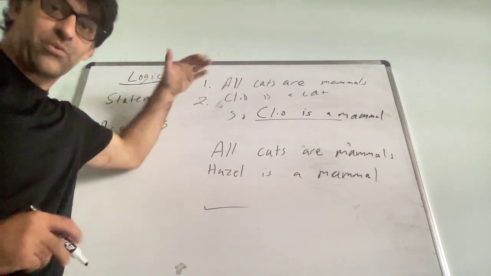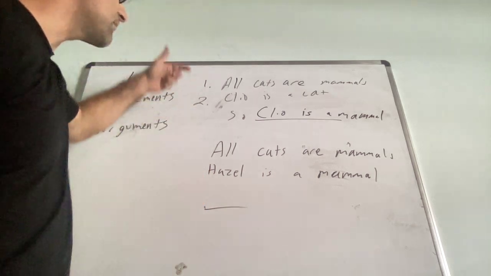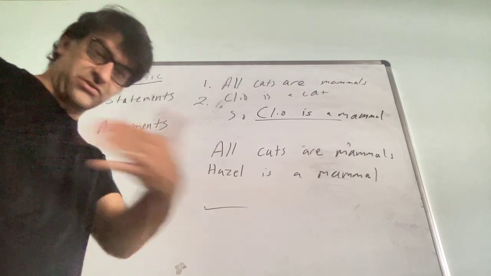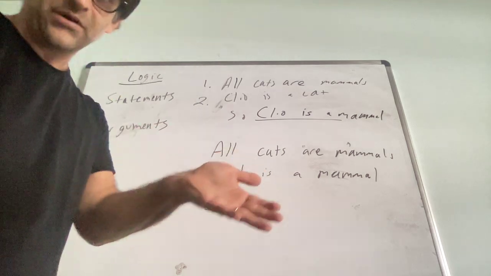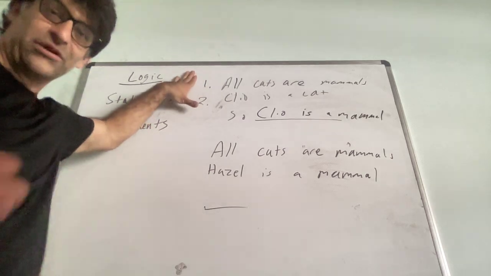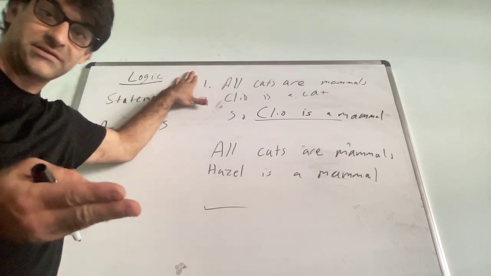But what's actually key is the connection between these statements. If I never told you anything about Cleo, you could still see that this is what we might call in ordinary speech a logical argument. It makes sense.